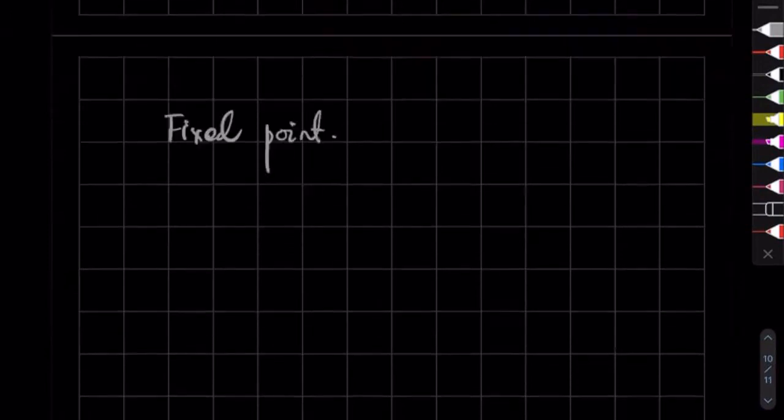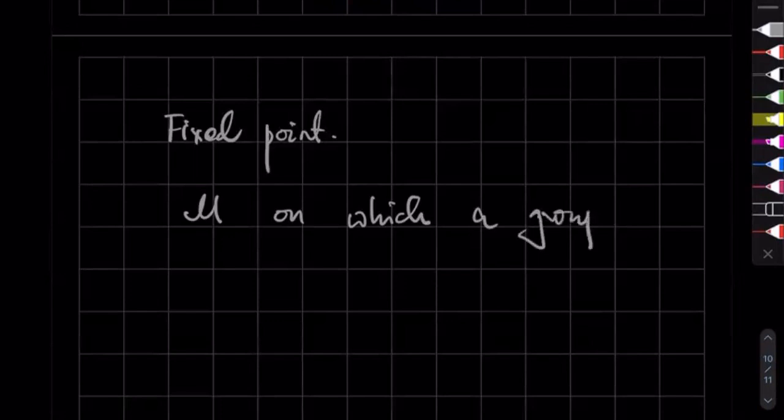So we have some manifold, first of all, or we have some space. It doesn't have to be a manifold. We have some space M on which a group G acts.